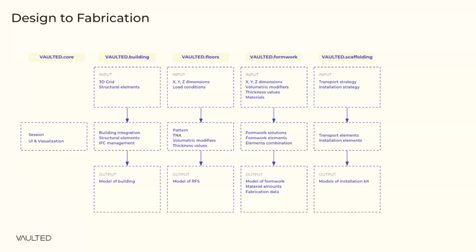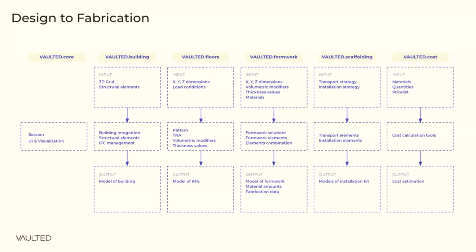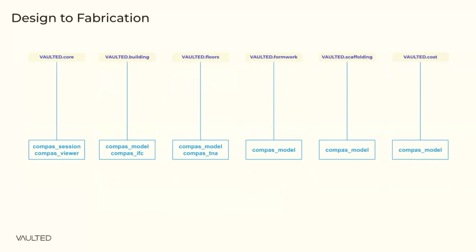Volted Scaffolding is focused on the on-site and the transportation tools. And of course, in the end, there is Volted Cost, which is using the models in order to know how much the project is going to cost in total.